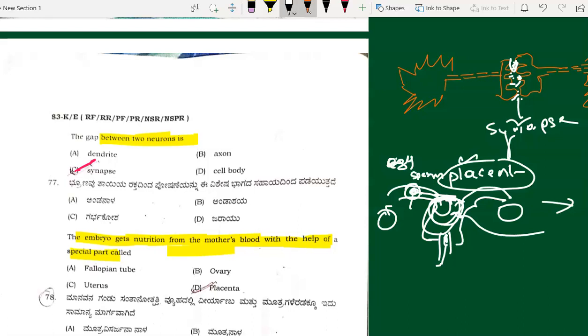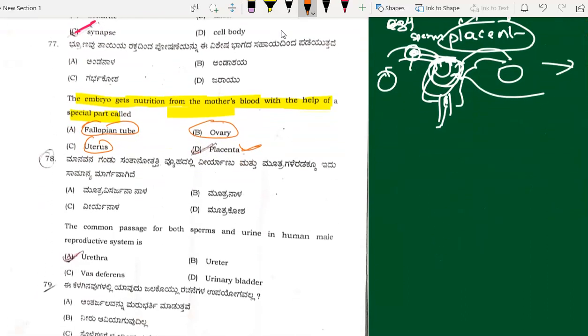Here in the fallopian tube, this is the site of fertilization. Ovary is a different thing. Here ovary, uterus, entrance. The placenta is the one tissue which connects a baby and mother. Okay, your answer is placenta.